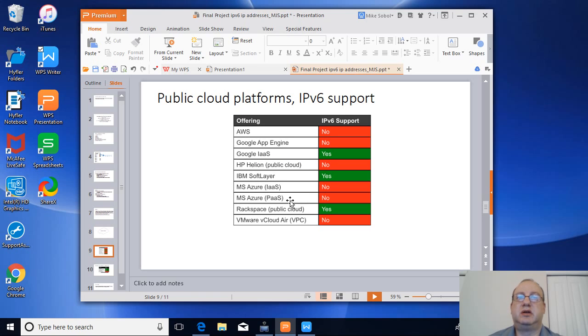Here's a look at the public cloud. Among the 9 most popular public clouds, 1/3 of them claim to support IPv6. Of the services that don't support IPv6, they're facing some scrutiny about their IPv6 support.